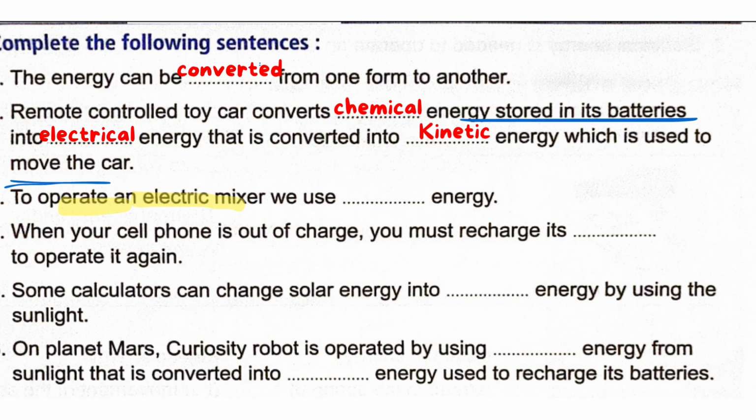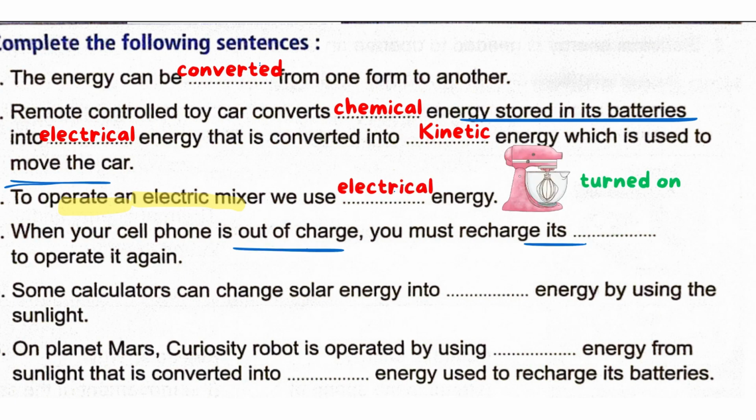Okay, so let's move to the third question we have. To operate an electric mixer, we use which energy? Yes, to operate any device, most of the devices use electrical energy. So electrical energy to operate the device.